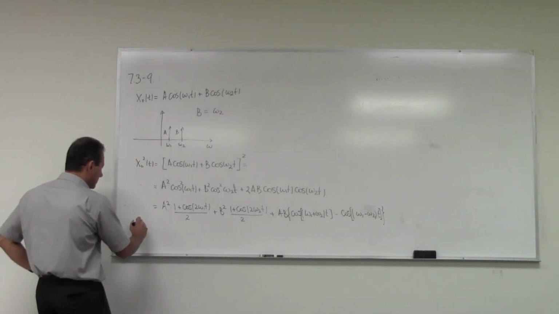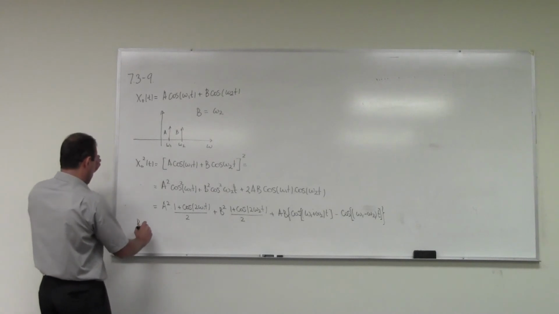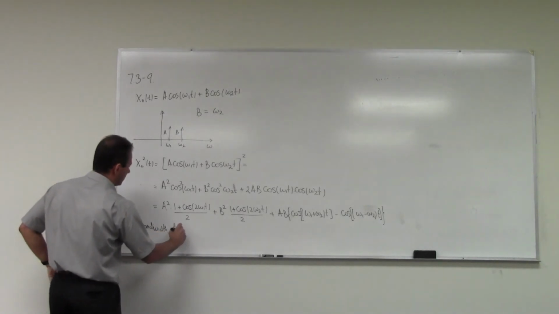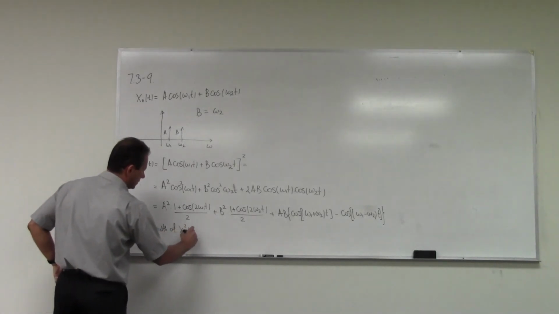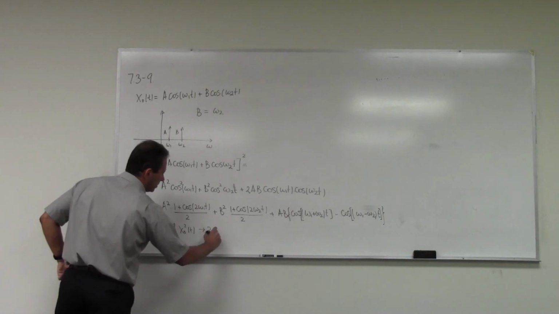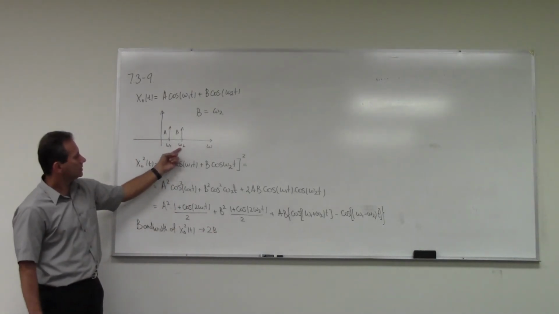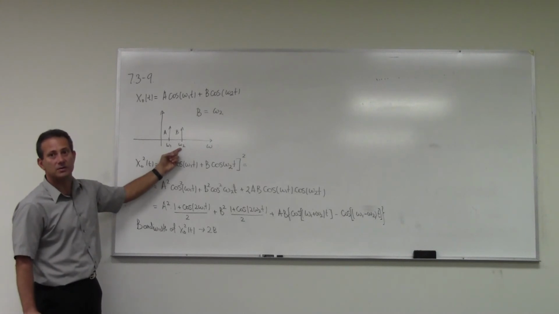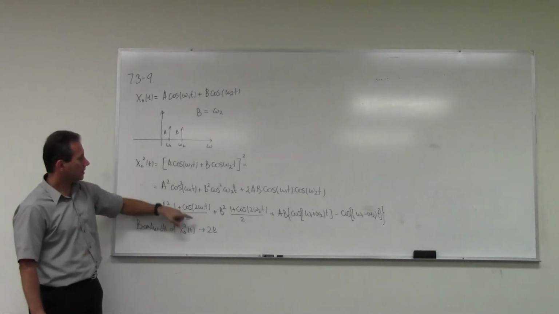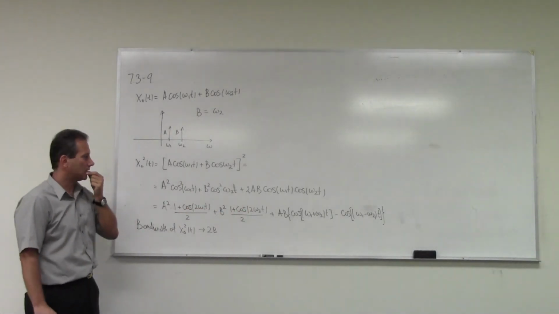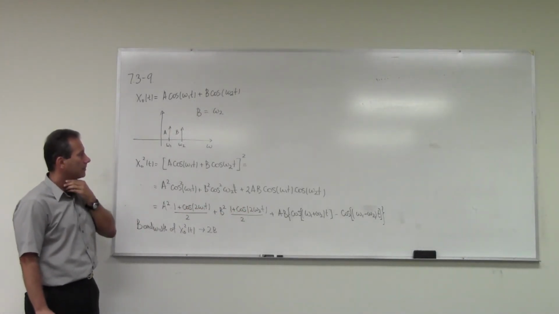So the bandwidth of x0 squared of t is equal to 2 omega 2. But why is it twice? Because when you square the highest frequency in the spectrum, that one gives you the component that is twice, right? So that's the reason why.